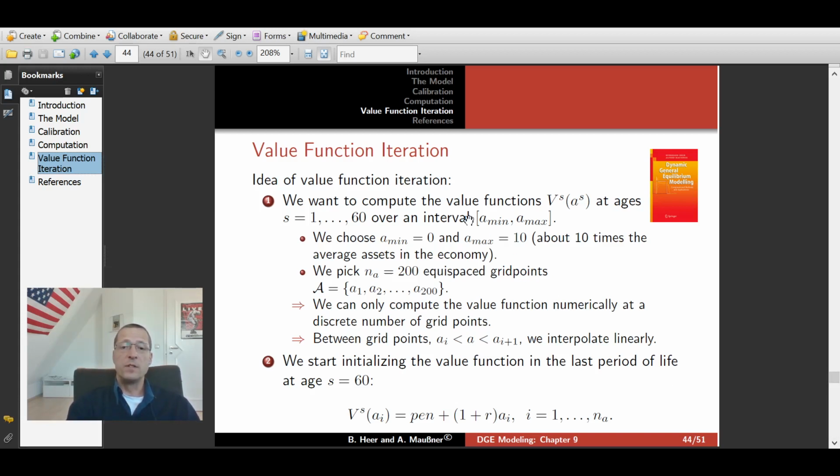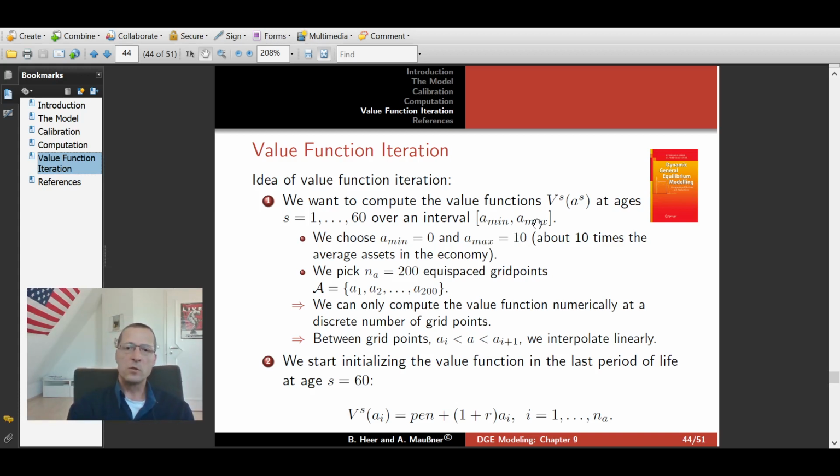Now, since there is an infinite number of points in this interval between 0 and 10, we have to discretize it. So we have to choose grid points on which we compute the value function. We cannot compute it on every point in this interval because there are simply infinitely many.